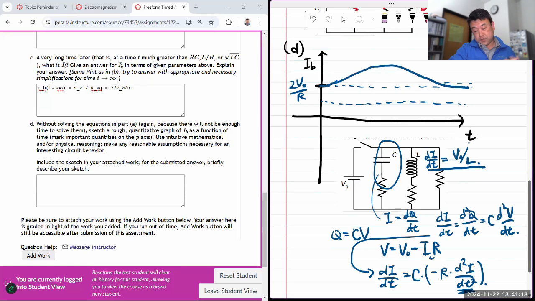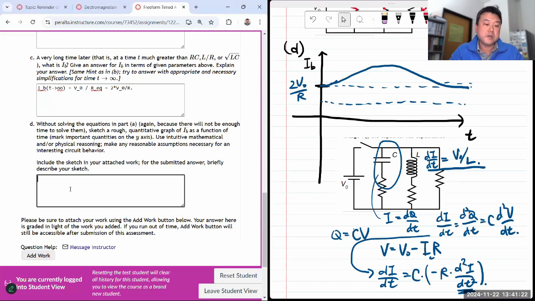So what I would be willing to put as the answer is this: we know the value of current starts at 2V naught over R and asymptotically ends at 2V naught over R. So my graph of IB would contain those features.